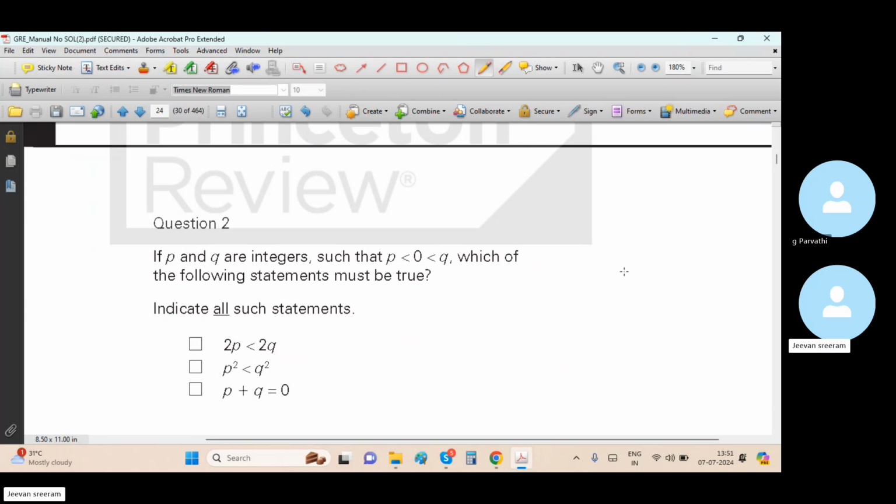Which option is correct? The first option. So what are your plugins?